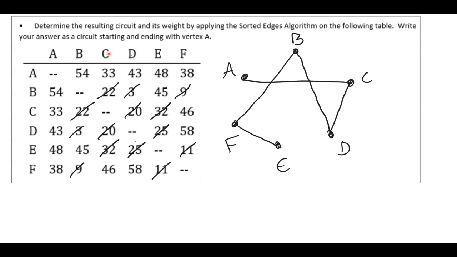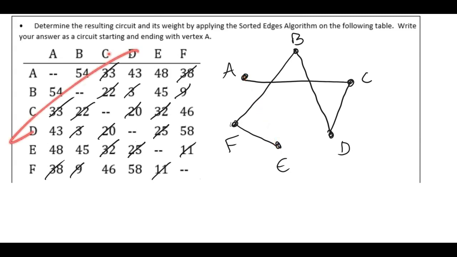And you could keep going on the algorithm. C to A is done. The next cheapest is A to F. A to F, not allowed. But eventually you want to exit this process and realize there's only one thing left.